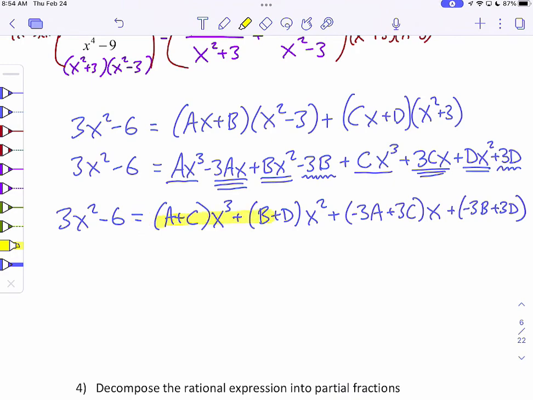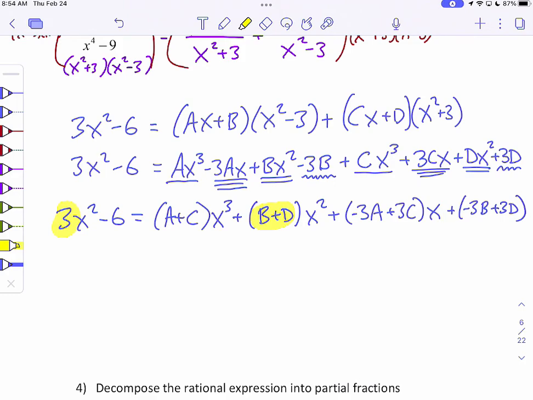So whatever this polynomial is has to be equal to that one. That being said, tell me what B plus D would have to be if this polynomial on the right is equal to the polynomial on the left. What's B plus D have to equal? 3. Because those are the numbers in front of x squared. So the thing in front of x squared has to equal the thing in front of x squared.